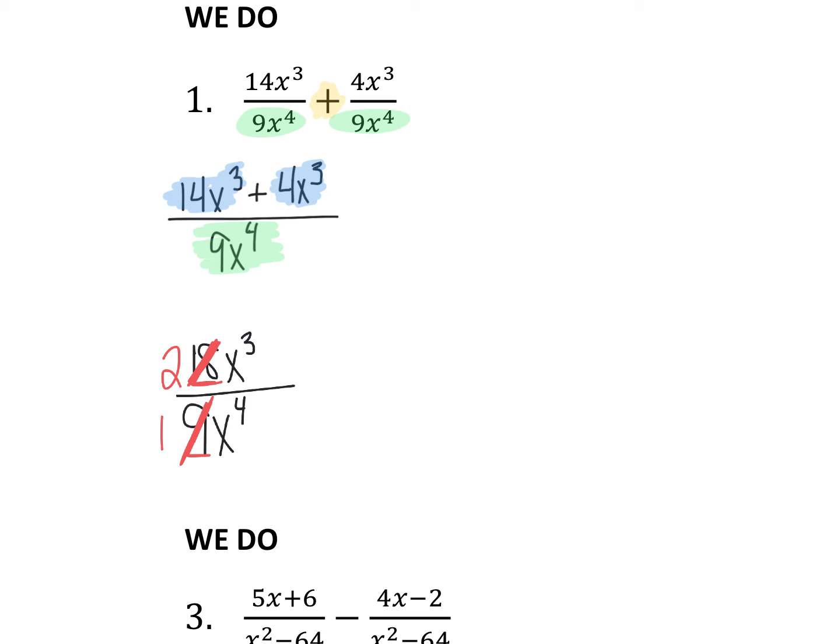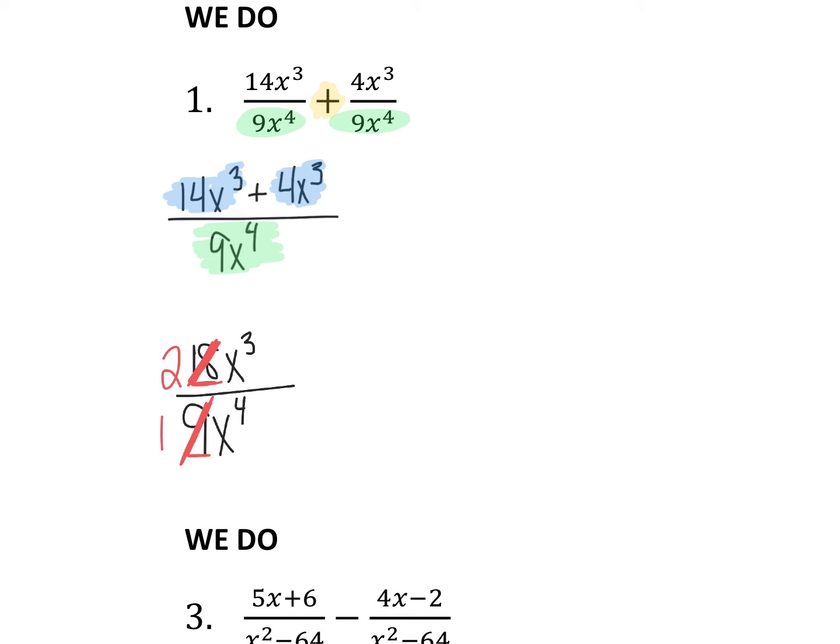So moving on to my variables, I'm looking at x to the third over x to the fourth. This x to the third would be the same thing as x times x times x. There's 3 of them, so I'm going to rewrite it like that. I'm going to do the same thing for my x to the fourth, but this time there's going to be 4 of them. Then I could go ahead and cross them off.